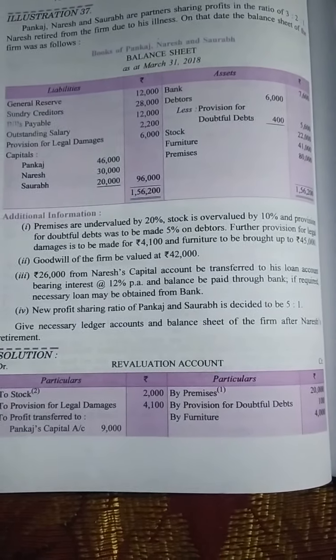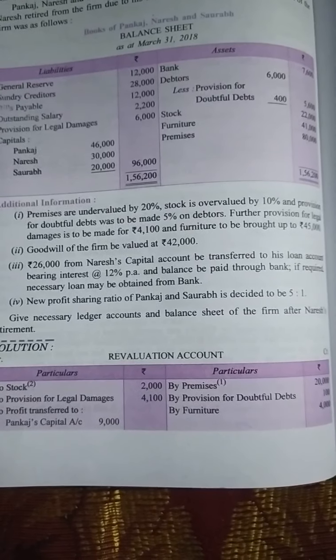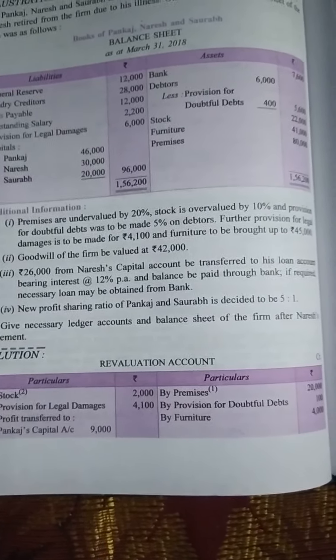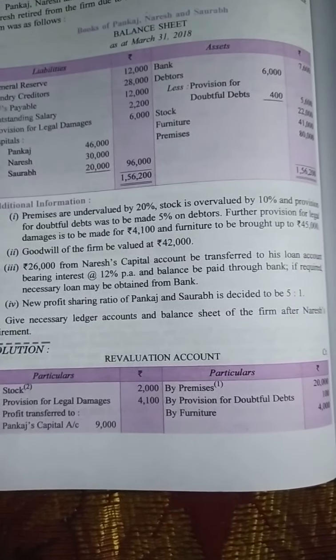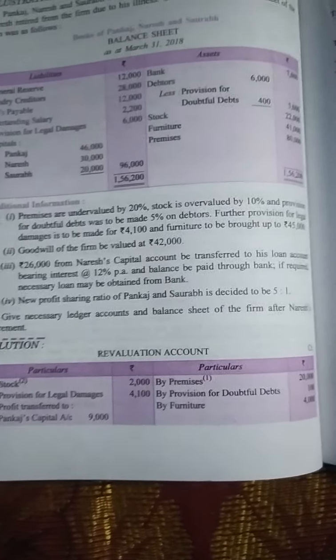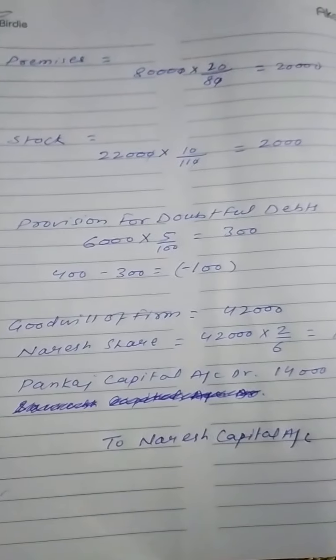So what we have to do is increase premises by 20%. First of all, we need to calculate the 20% value of premises which was cast less in the balance sheet.